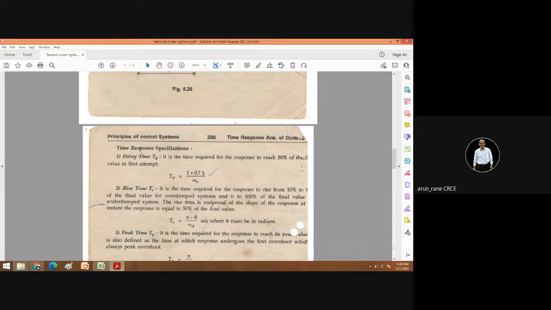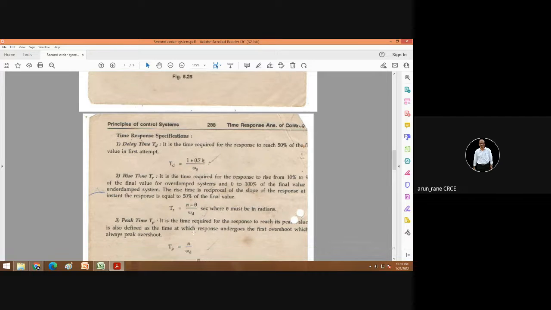So TR is given by (pi minus theta) divided by omega d, where theta is in radians and omega d is nothing but your damped frequency. You'll come to know what it is.